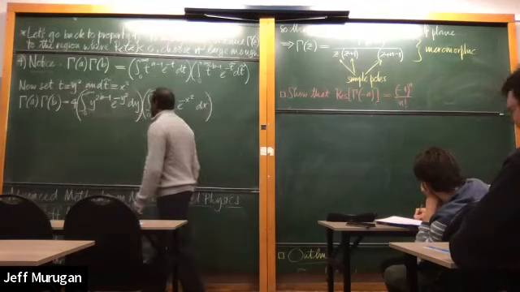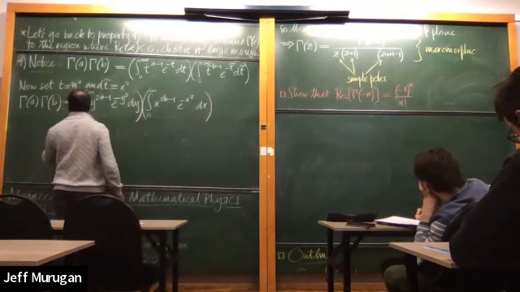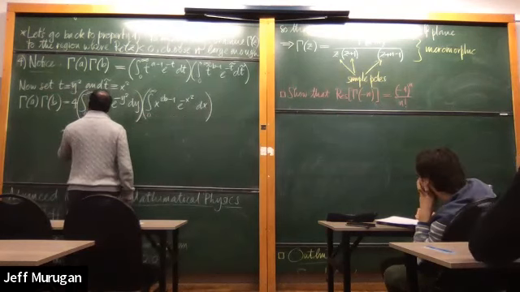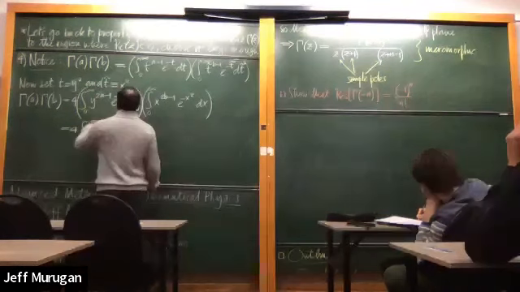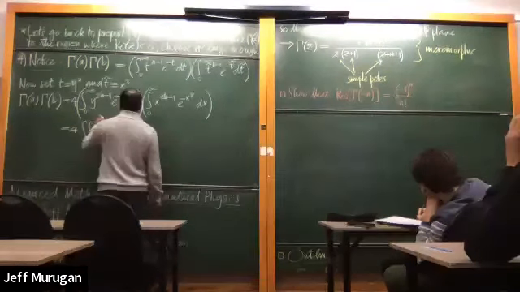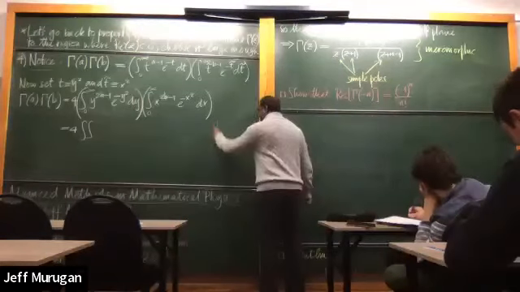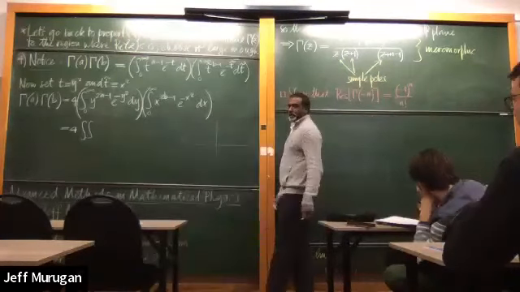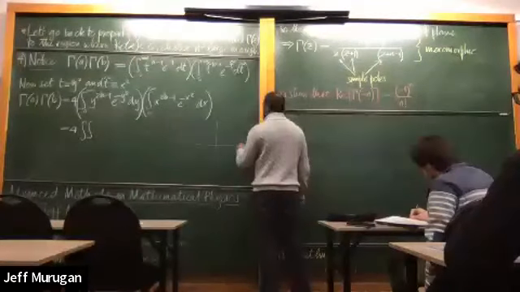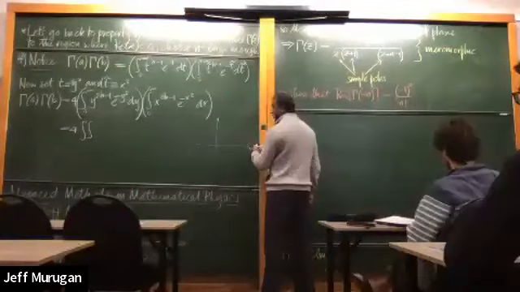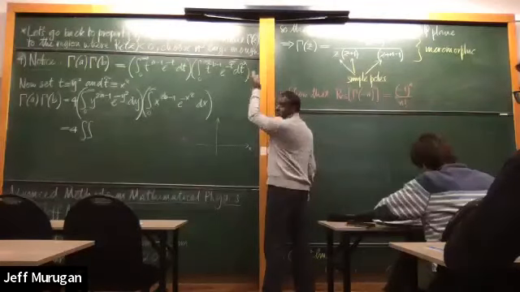So let's combine them. So these are two single integrals, which combine into a double integral, going from 0 to infinity along y and 0 to infinity along x. So if you think about what we're doing, here's our xy plane. We're going from 0 to infinity along x, and 0 to infinity along y.